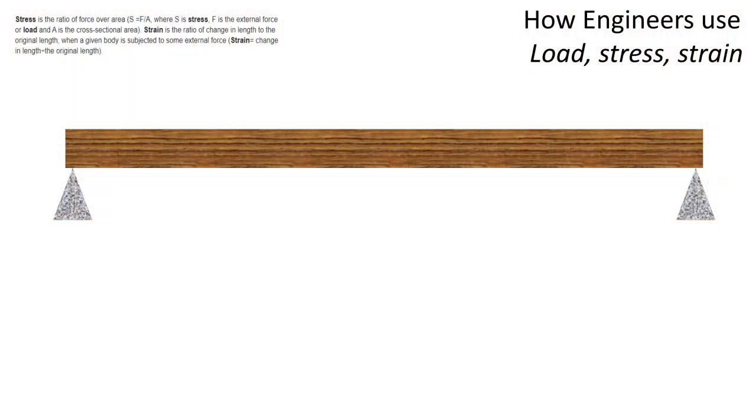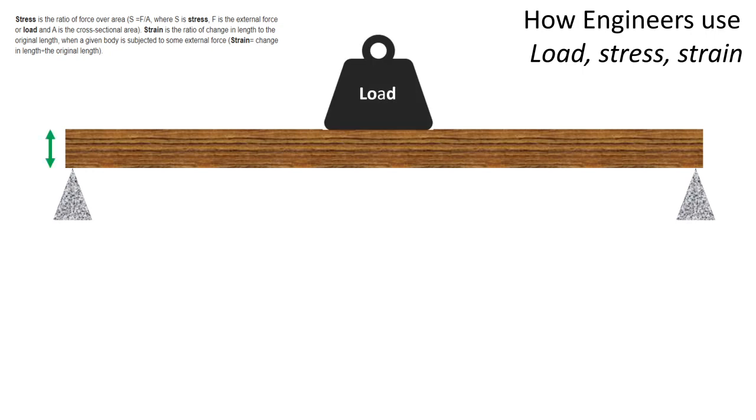Okay? So the bottom line is that engineers have a very clear definition of these terms. So if we look at the screen here, engineers would say that if they're going to test the capacity of this wooden beam, they would then apply a load to it, and they would measure its cross-sectional area, its capacity, and then the stress on that beam would be equal to the load that's applied.